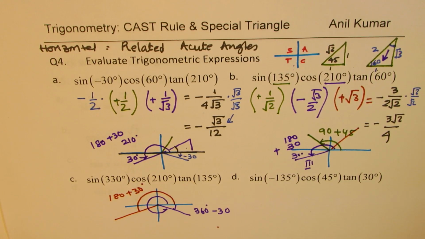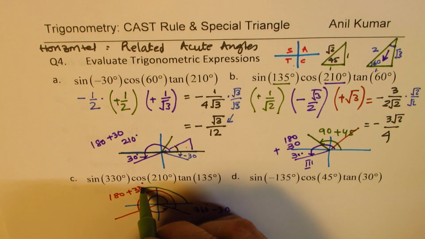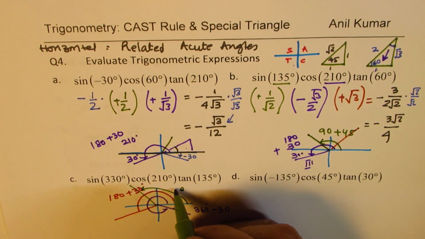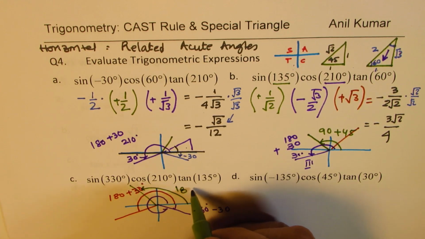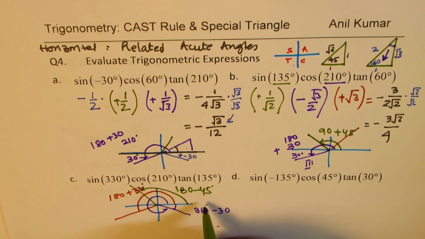And when you say 135, you are looking into this triangle, which is, you can say 90 plus, or I will prefer to write this as 180 minus 45 degrees, right? So we are always looking into these acute angles.